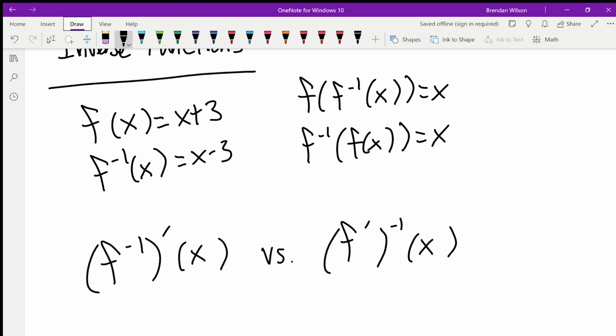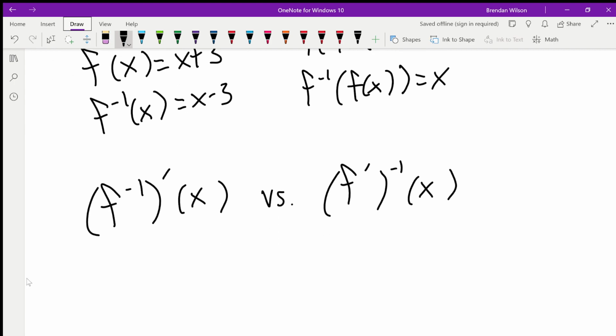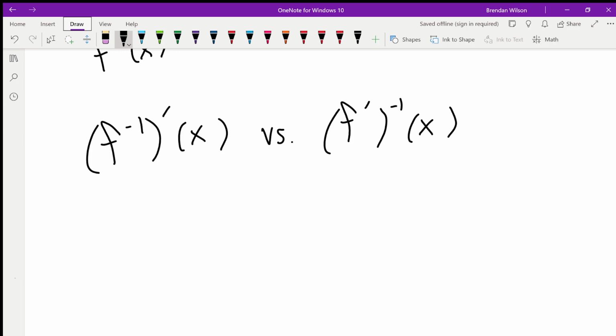So these are a little bit different. The first one is the derivative of the inverse of f. The second one is the inverse of the derivative of f. Okay, so these are naturally going to be different things, right?